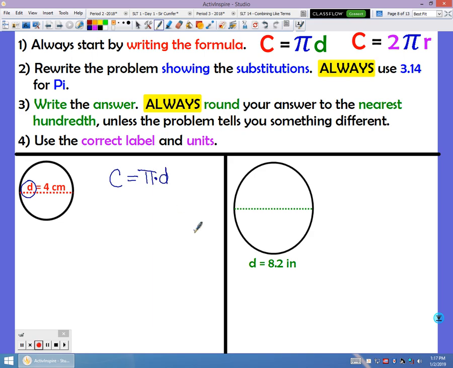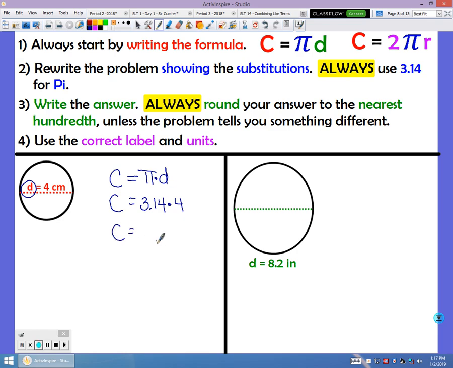That's my first step, write the equation. Step 2, substitute in what we know. We don't know the circumference. We know that pi is going to be 3.14, and I know my d, which is 4. So no sign means times 4.